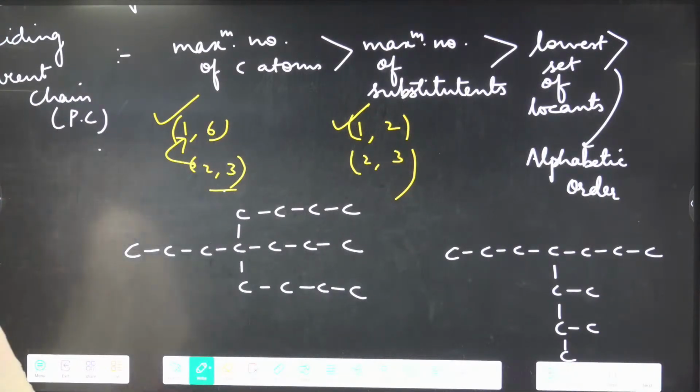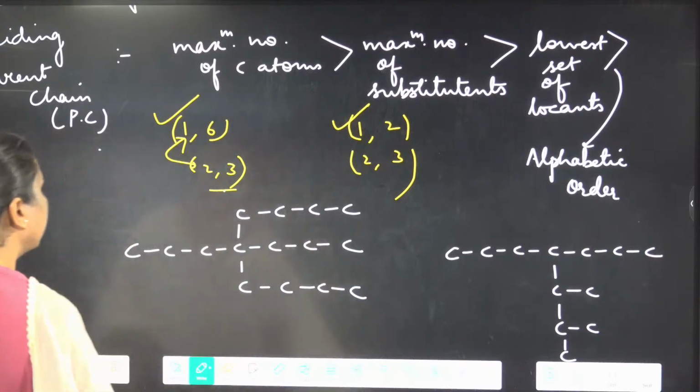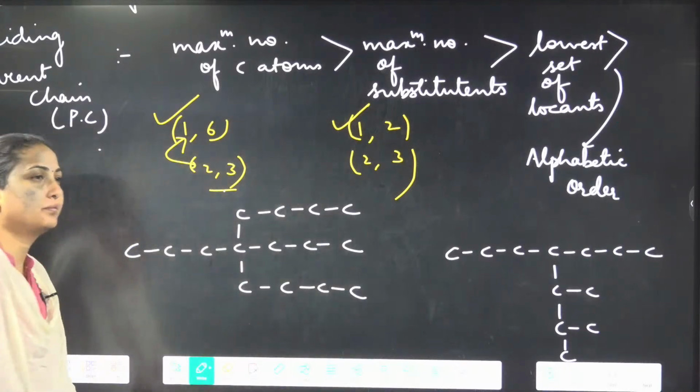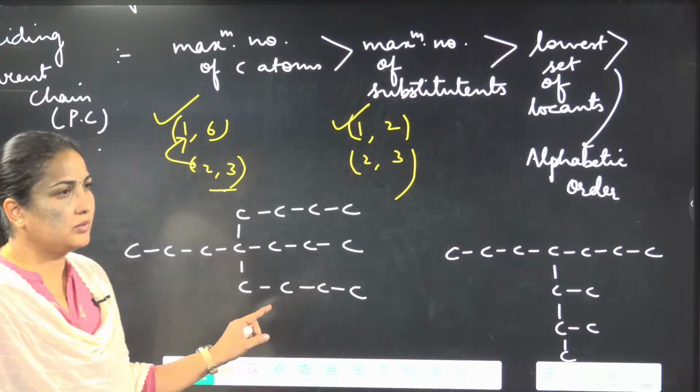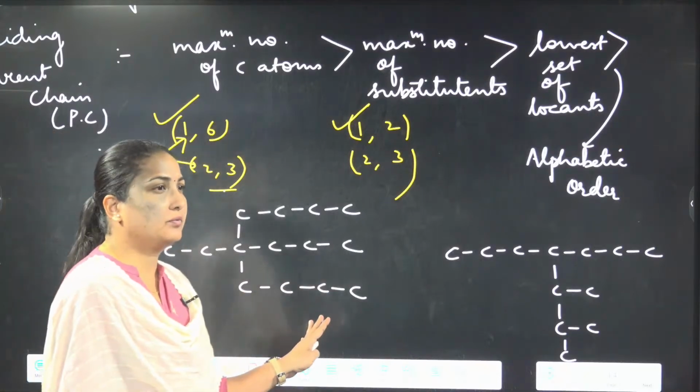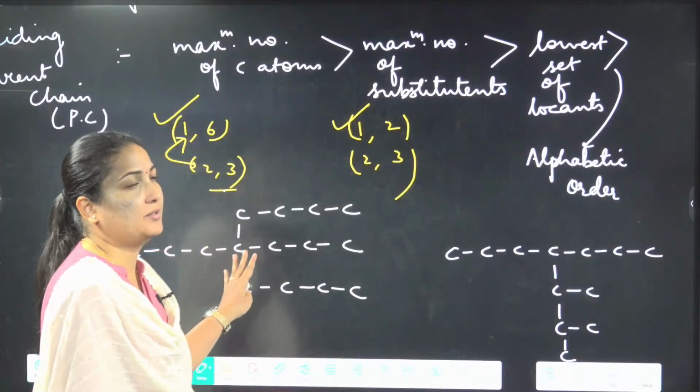You just highlight which is the parent chain, then we'll see. And see, the thing is, here I have purposely not written hydrogen. It has to be understood. And purposely I'm writing like this.